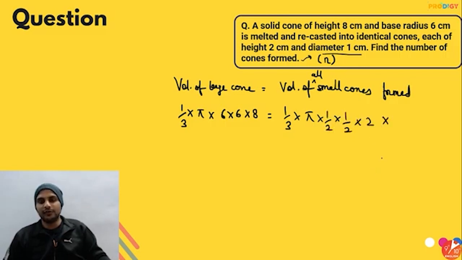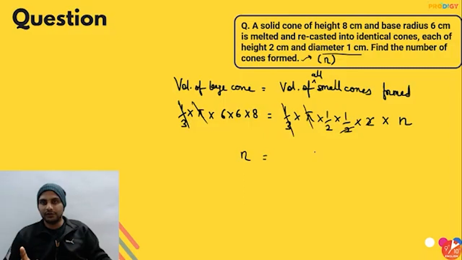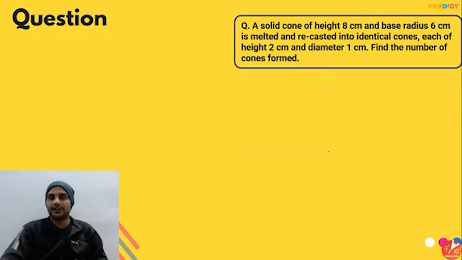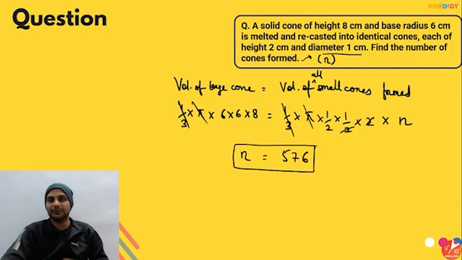There are n small cones, so the total volume will be n times it. ठीक है. Now 1 by 3 got cancelled, pi and pi got cancelled, this 2 and this 2 got cancelled. Shift this 2 over there, you'll get n is equal to 6 6s are 36, 36 2s are 72, 8 into 72 is 576. Total 576 small cones can be formed.